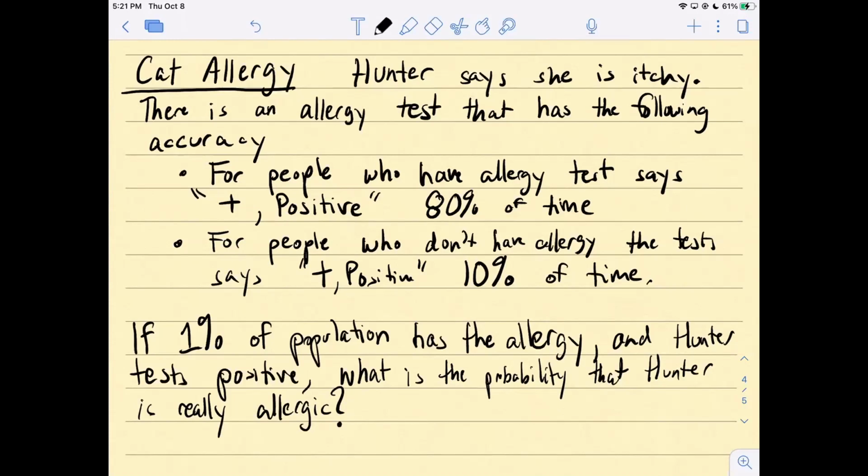Because the test is pretty accurate. How many people think it's about 50-50? So hit yes if you think it's around 50-50, and hit no if you think the chance that she actually has an allergy is less than 50.